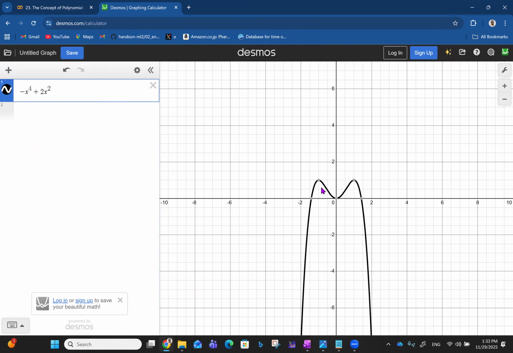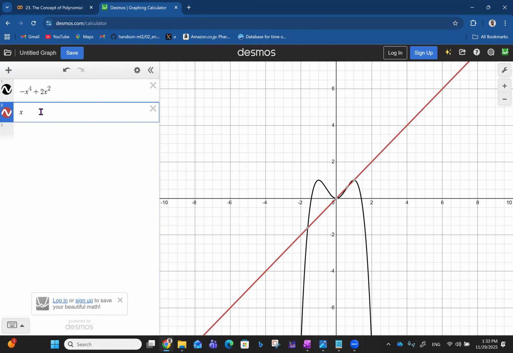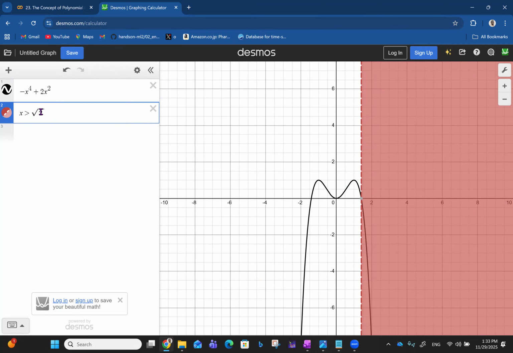So the whole thing happens within this region. If we say x is greater than square root of 2, that doesn't still work.